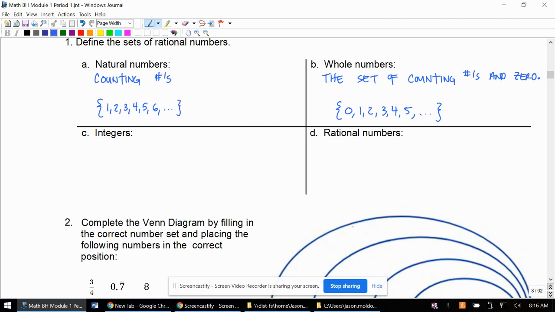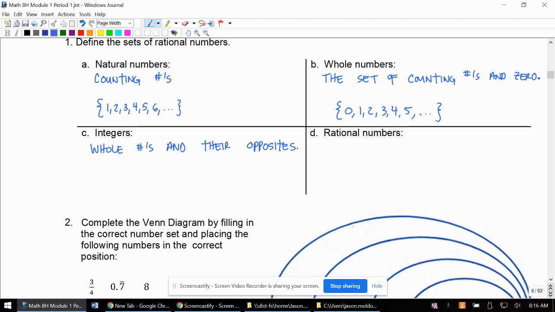Next set is integers, which is whole numbers and their opposites. And so if we go back to whole numbers, we were only talking about the right half of the number line, and we'll draw out some number lines in some of the upcoming lessons.